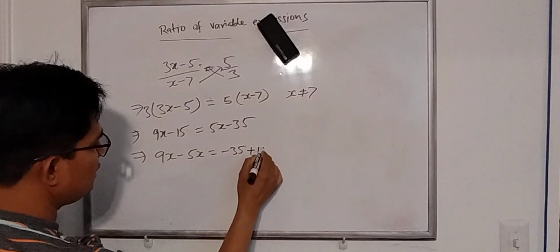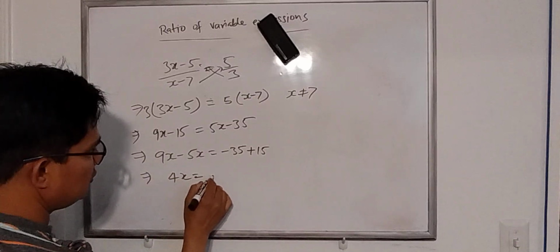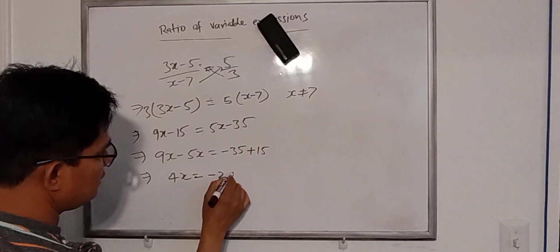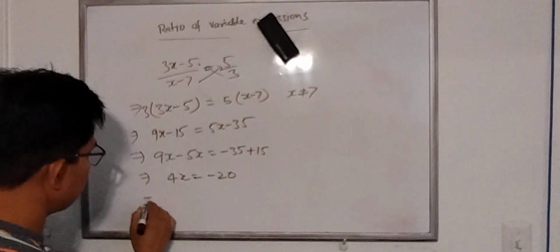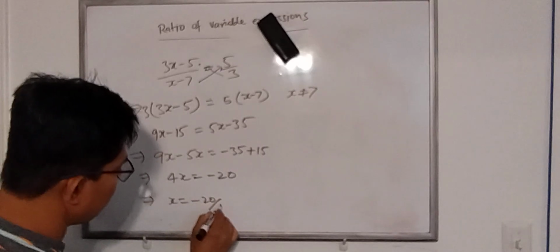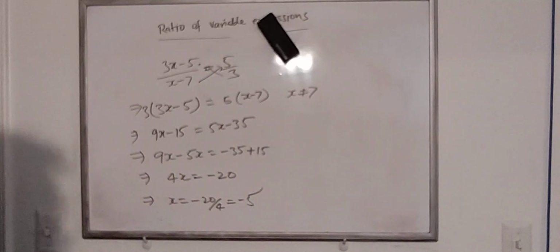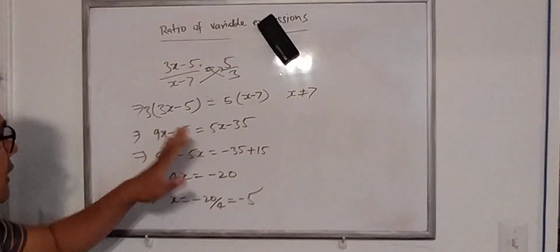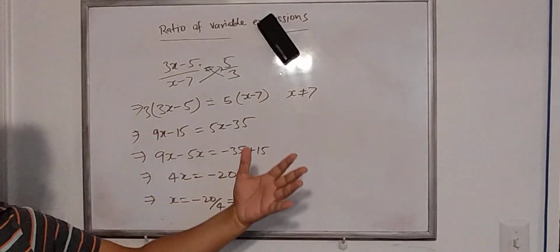It will become 15, and this became 4x is equal to, oh, minus 20. Correct? Which means x is equal to minus 20 divided by 4, which is minus 5. Okay? So there is no difference between this type of equation and the one you already had in simpler form.